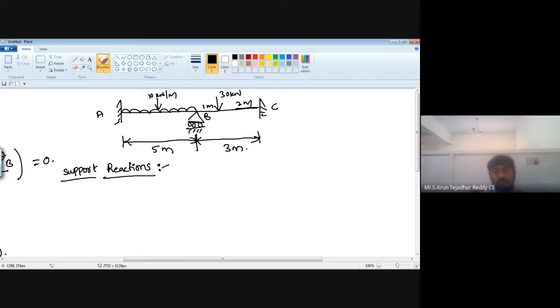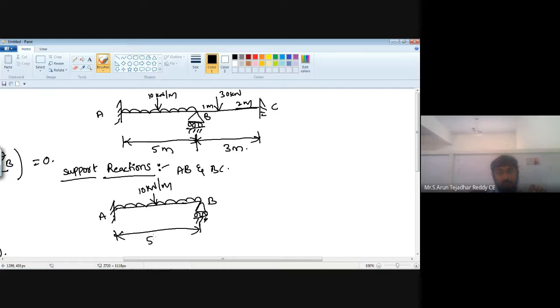It is a two span continuous beam, AB and BC. So whatever the given diagram, just split that diagram. Then it is A to B. This is A and here it is B. It has a uniformly distributed load of 10 kilonewton per meter over 5 meter.